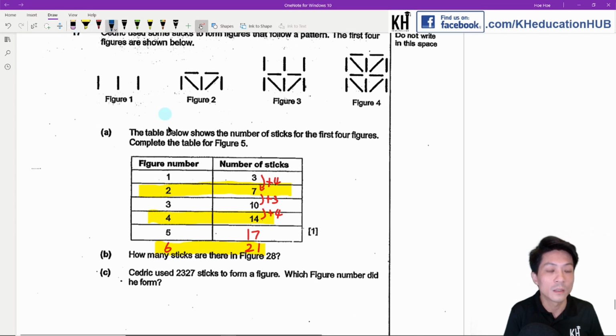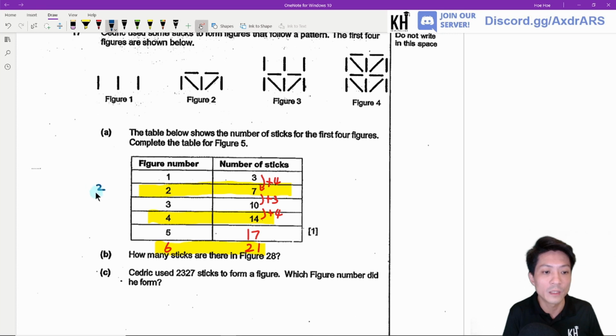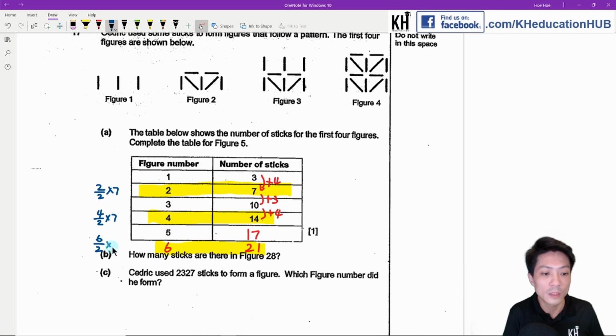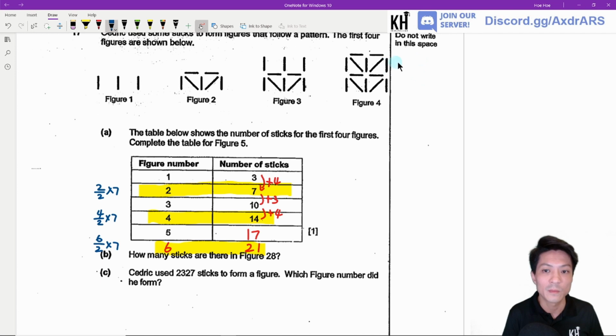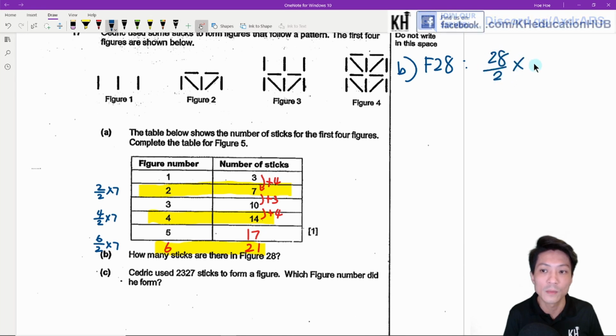To get the number, we use the figure number, which is 2, divided by 2, times 7. This will be 4 divided by 2 times 7. This will be 6 divided by 2 times 7. Which means that for part B, for figure number 28, we're going to use 28 divided by 2 times 7. Okay, which is 14 times 7, which should give me 98.